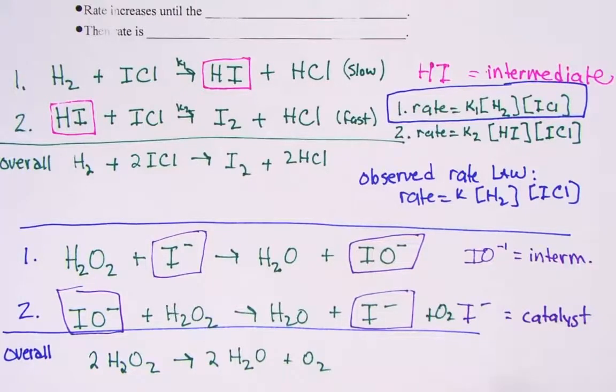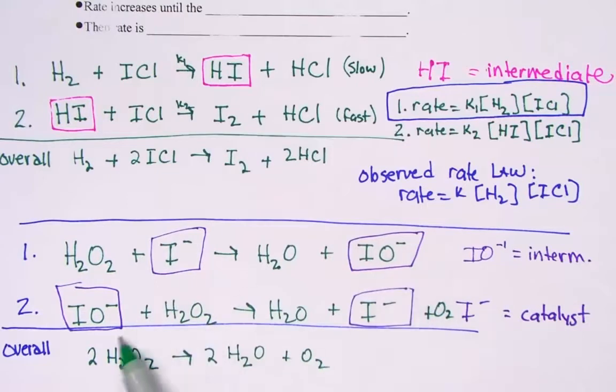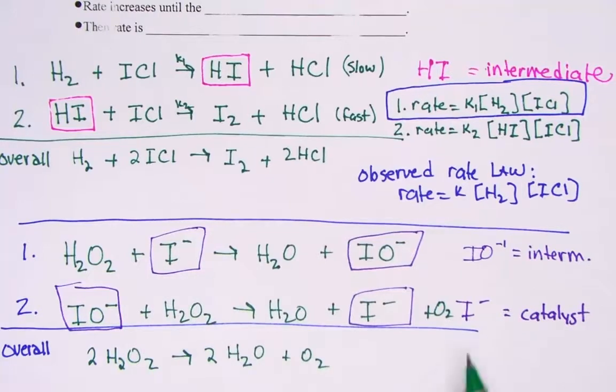What it allowed me to do is to review what an intermediate is, something that's produced and then used, and the term catalyst, something I add and then get back at the end unchanged. The catalyst is I negative, the intermediate is IO negative 1.